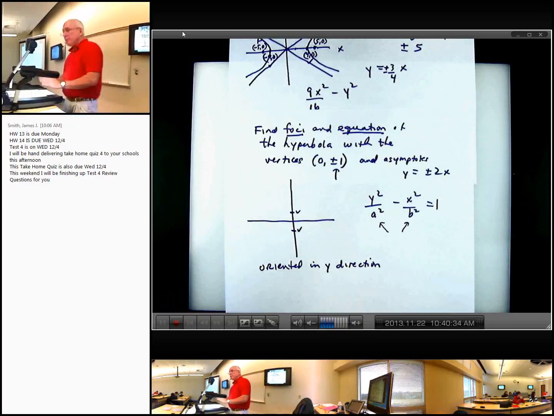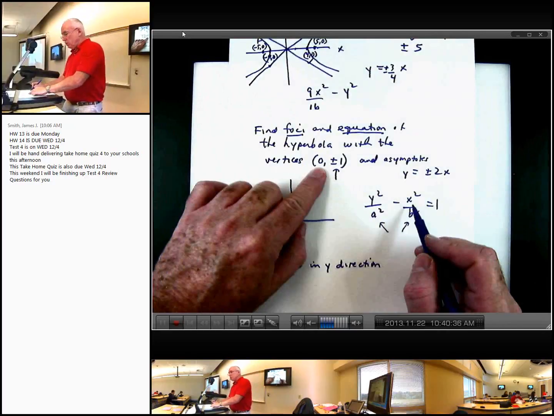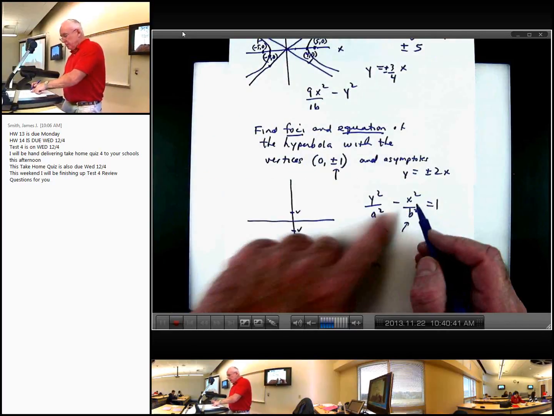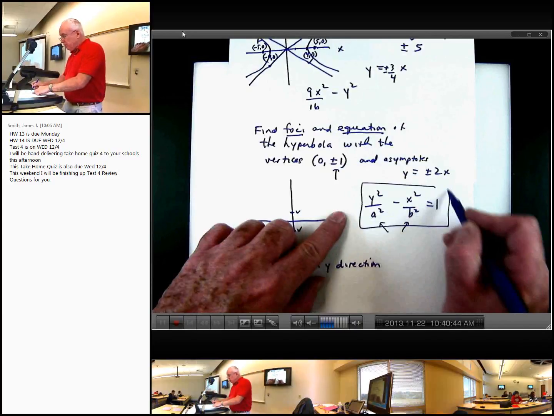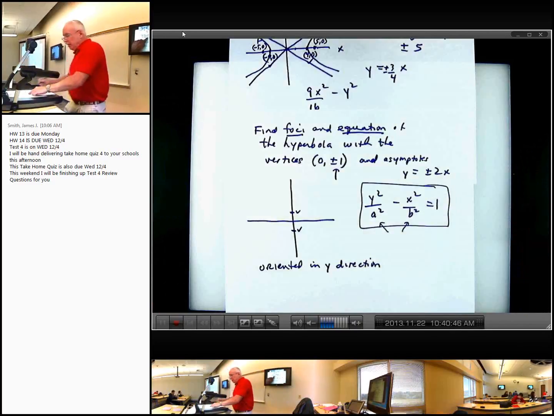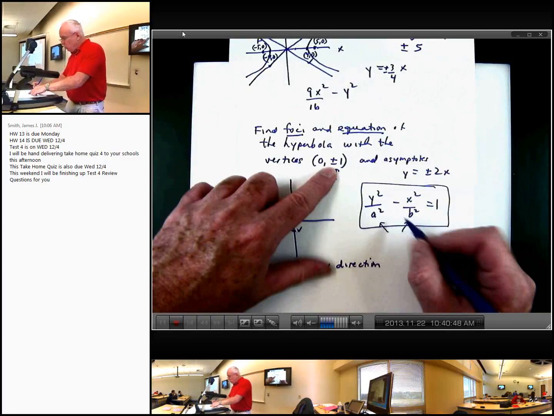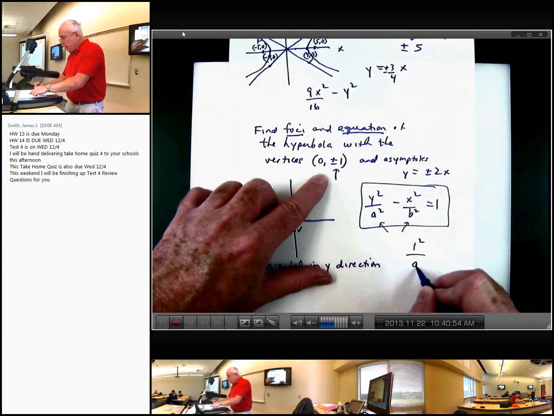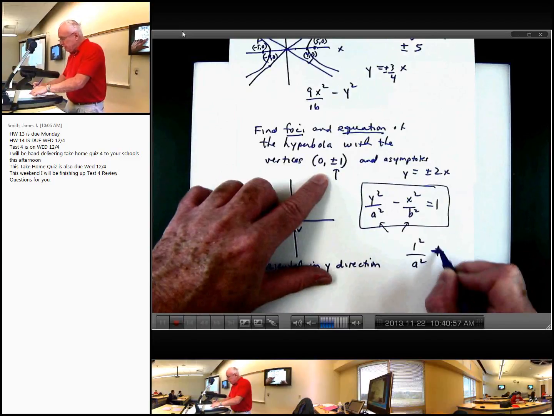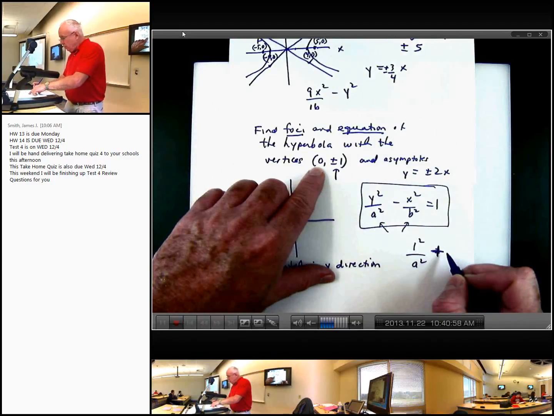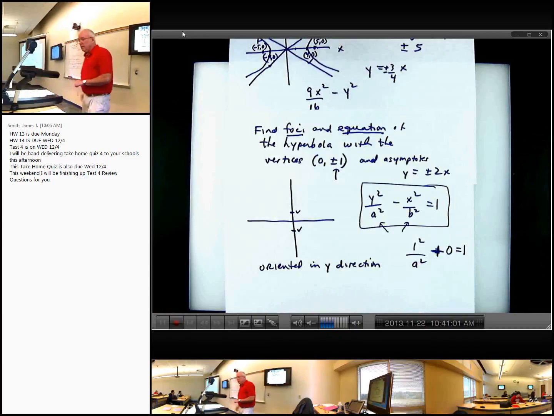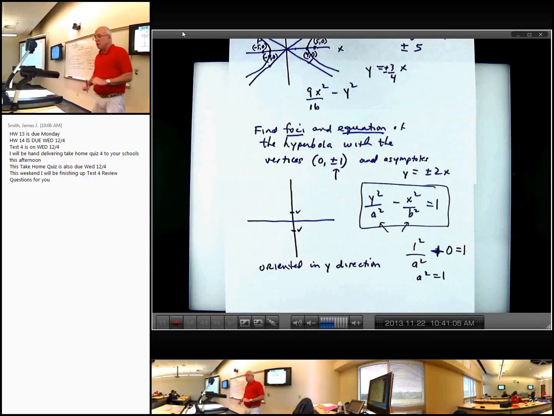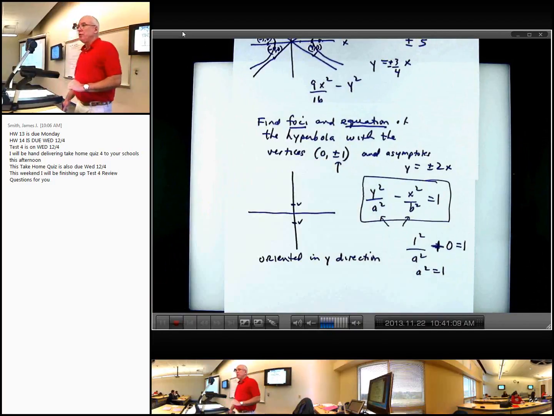And another way you could find this out is this. X is 0, y is plus 1 or negative 1. If I plug this in here, I know I'm going to have this general format. If I plug in my 0 for x and my values for y, I'm going to basically get 1 squared over a squared is equal to, plus 0 for x, is equal to 1, and so therefore a squared has to equal 1, just from the information from the vertices.